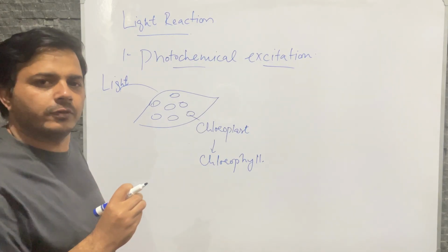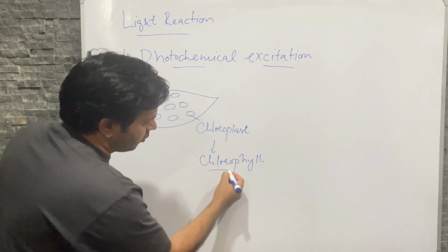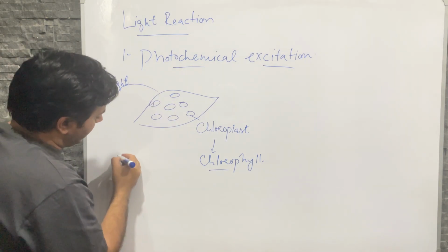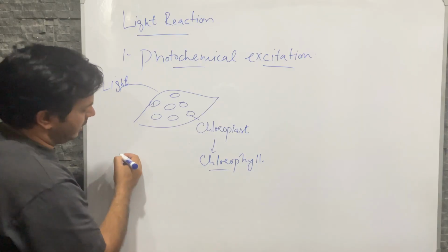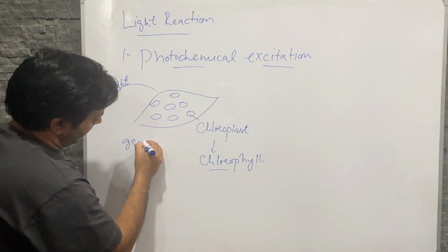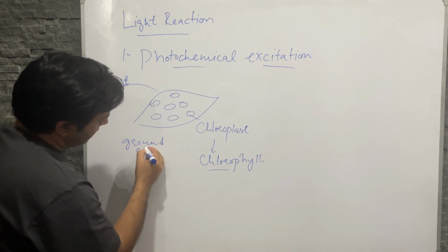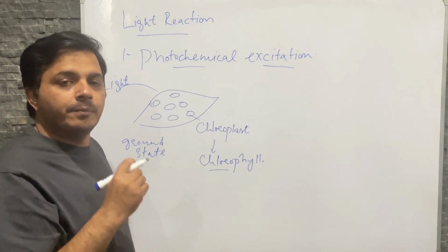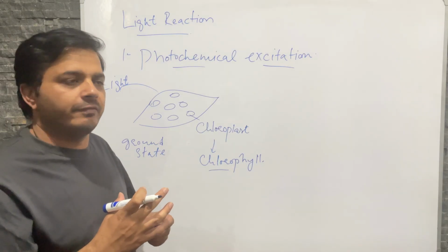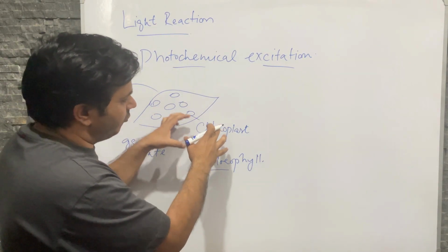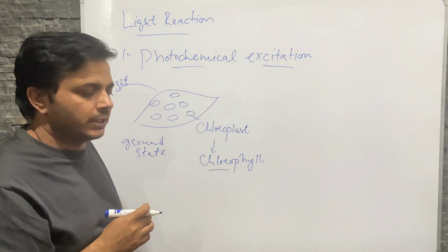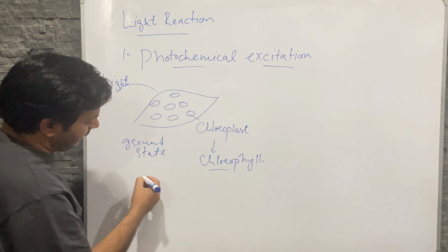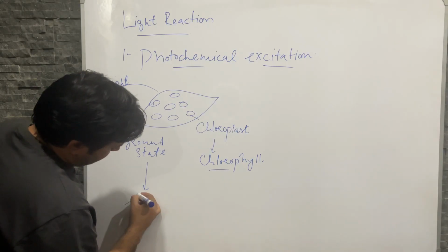During the process of photosynthesis, these chlorophyll molecules are in the ground state, which means they have a lower energy level. But when the photon of light falls on these chlorophyll molecules in the chloroplast organelles, they go to an excited state.